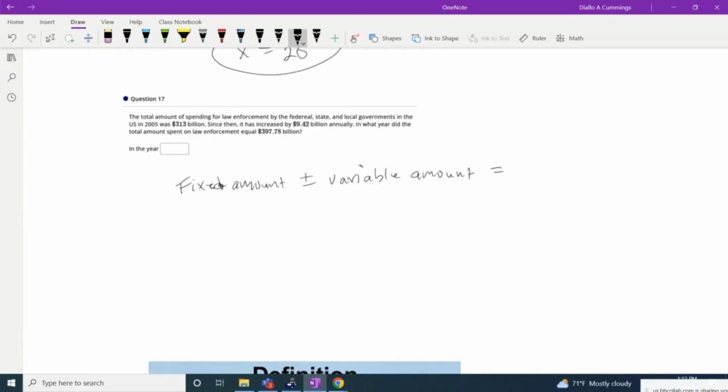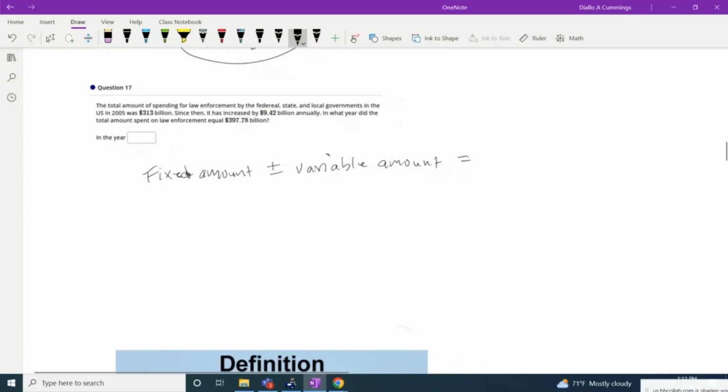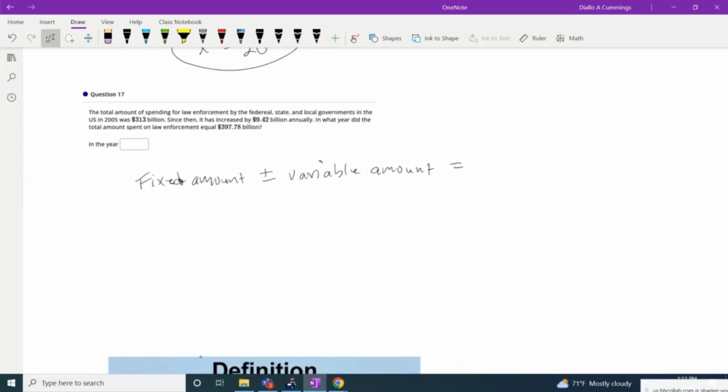The word variable means that it can change. It's an unknown quantity. And we're going to set that equal to the total amount.